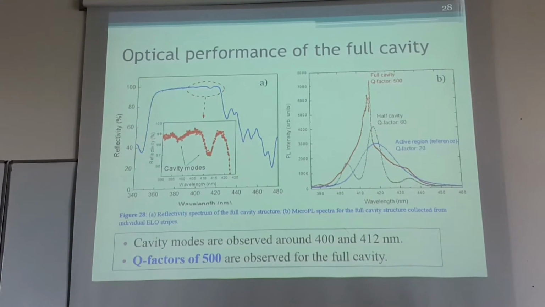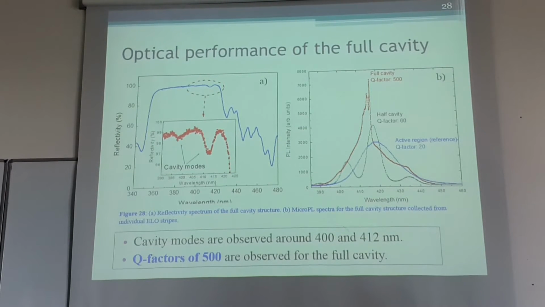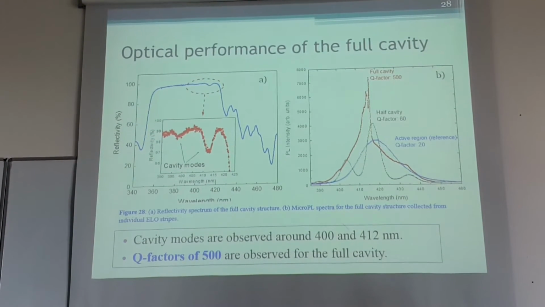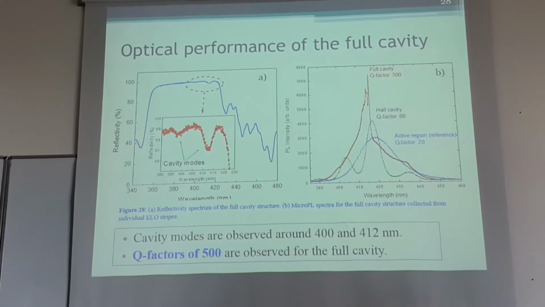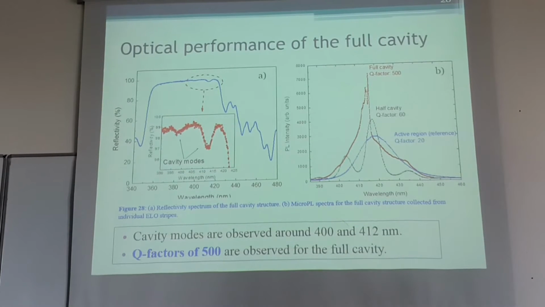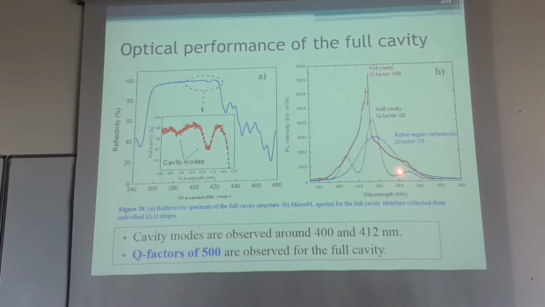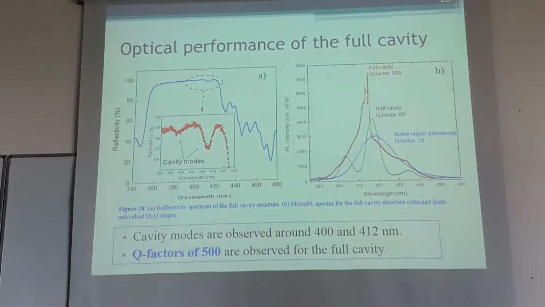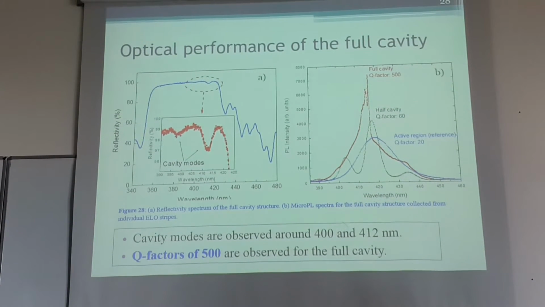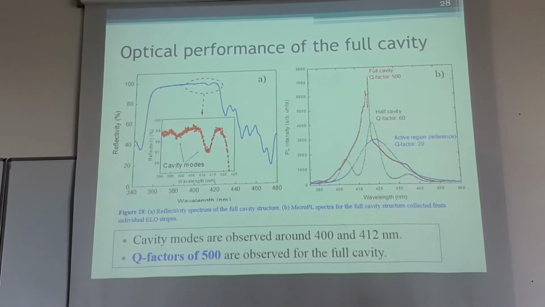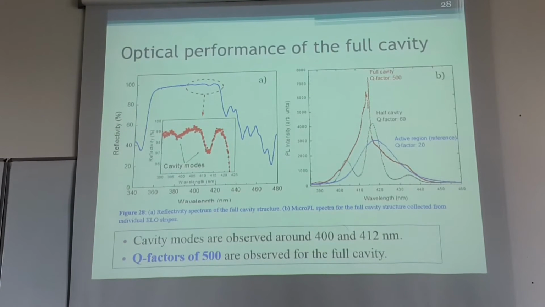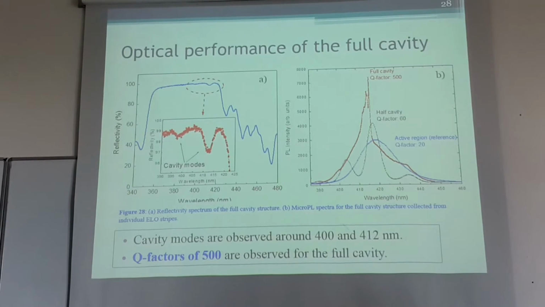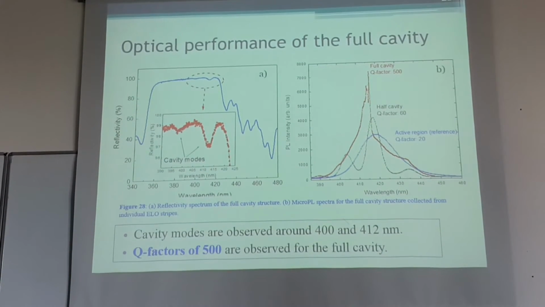This is the reflectivity measurement from the full cavity structure, showing leaking cavity modes, which shows a good quality of the vertical cavity structure. In the right-hand side image, we see photoluminescence results from only the active region, which has a Q factor of 20. This is without distributed Bragg reflectors. This is the half cavity, with only the bottom dielectric DBR. When we complete the full cavity, we increase the quality factor to 500, which shows the good quality of these layers.